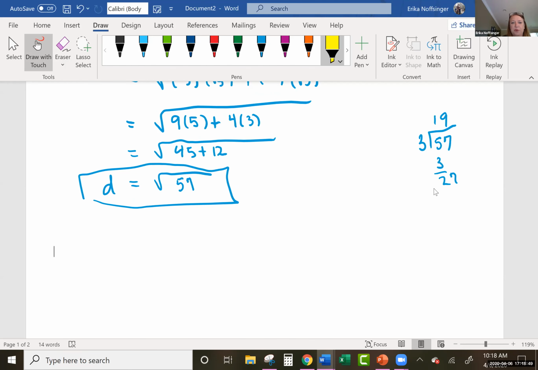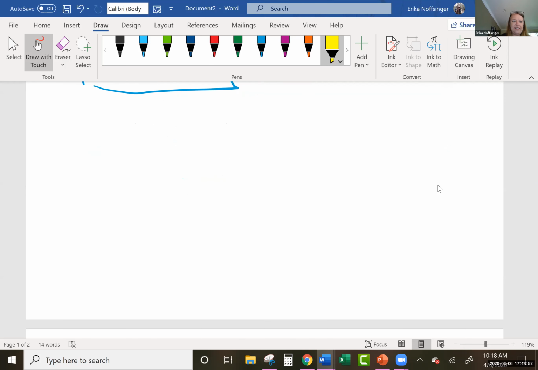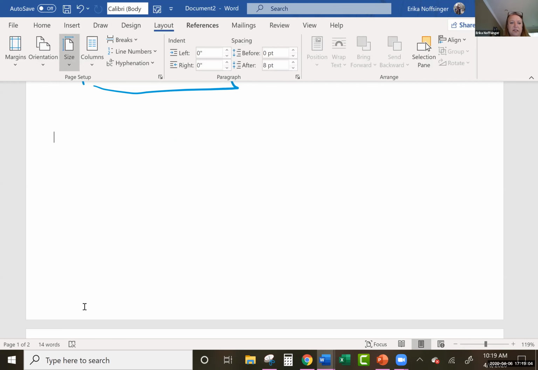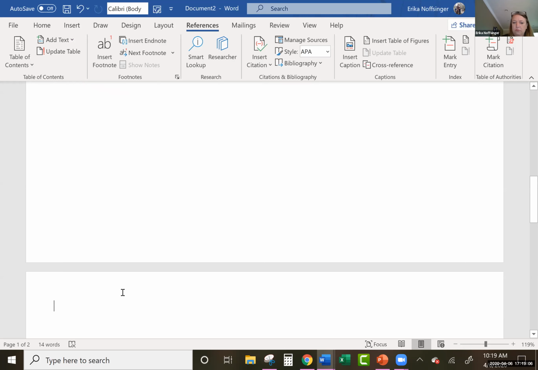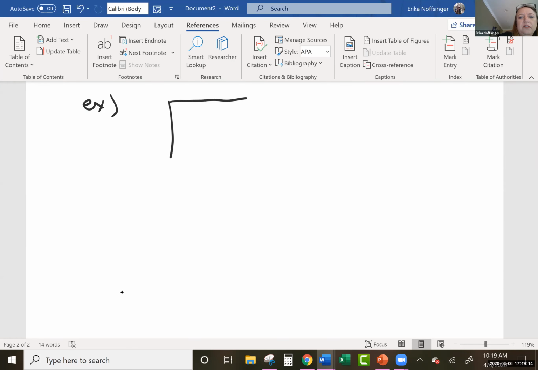So another example, another way that I can test that you know how to work with radicals. So what if you had a rectangle? I was trying to find some problem that I know would work out well.